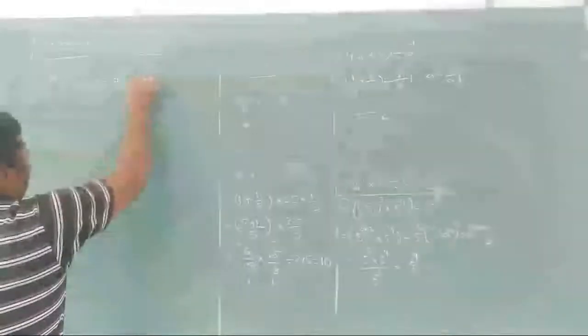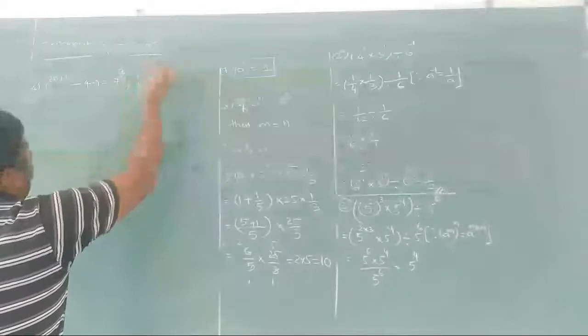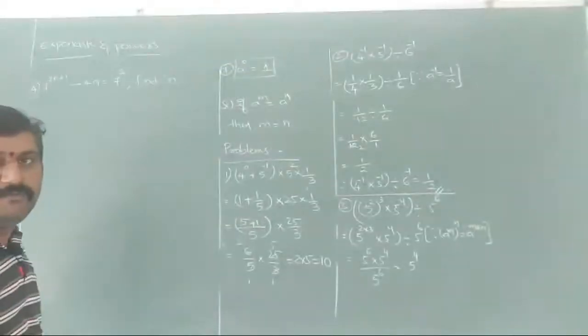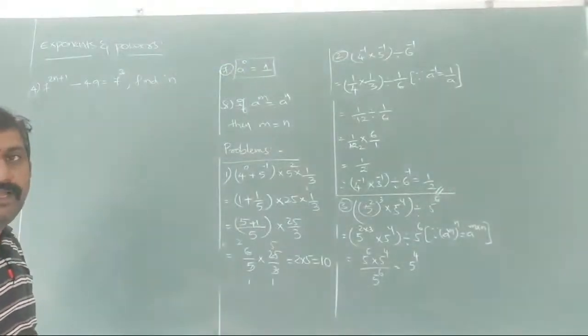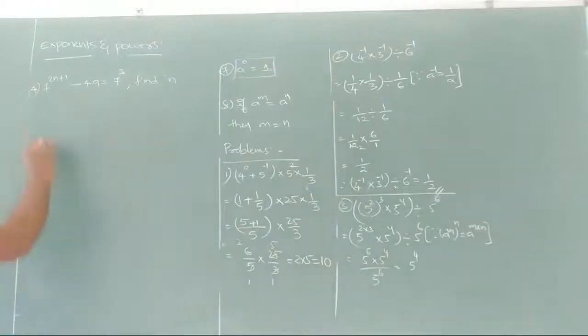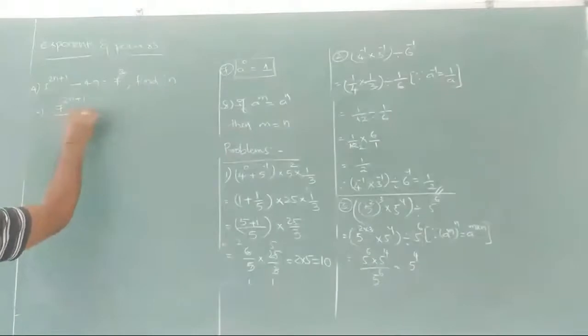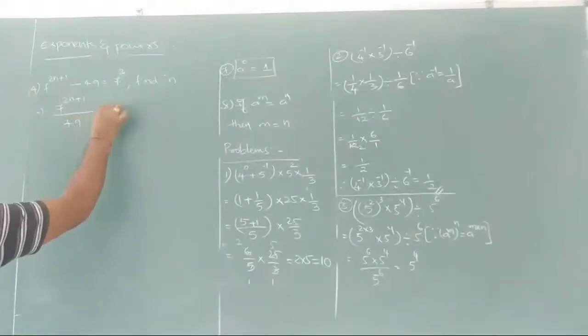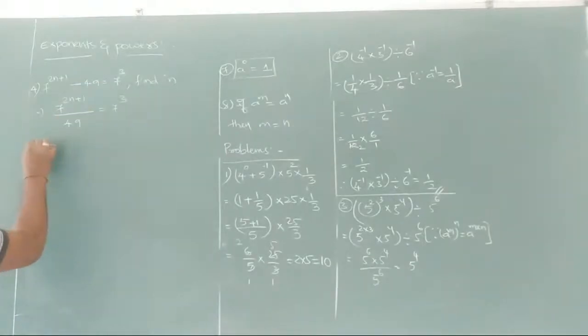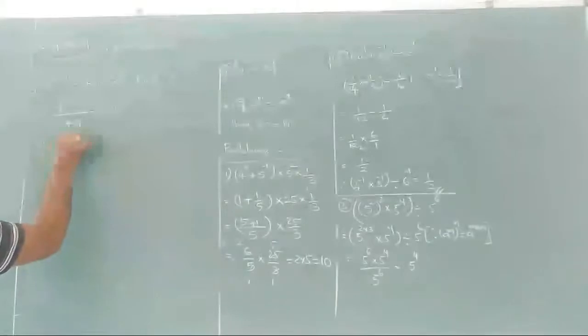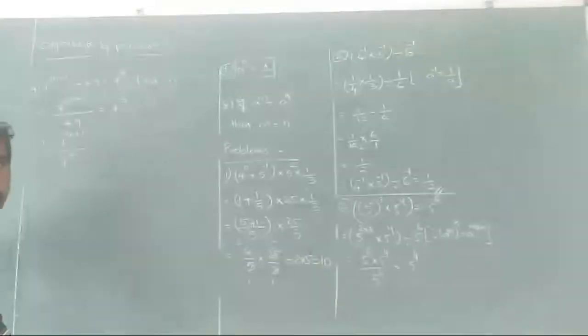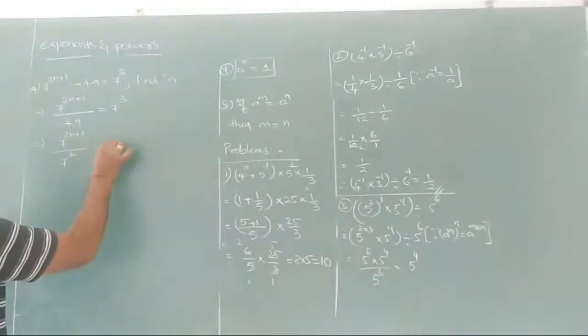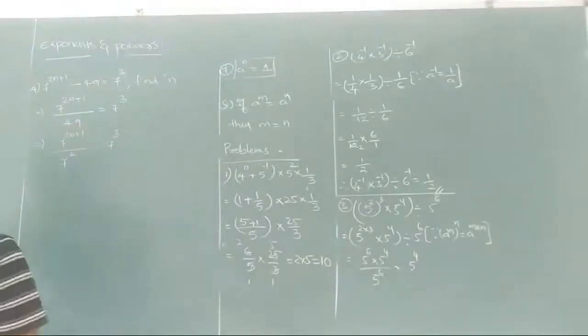Find n. What we have to find here? We need to find n. What 49 can be written as? 7 square we can write here.